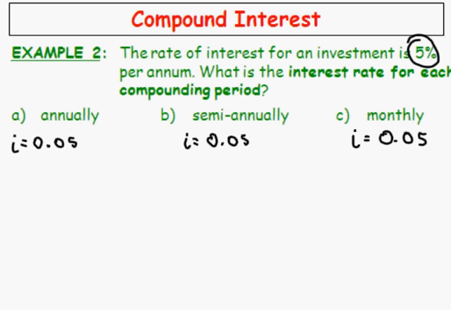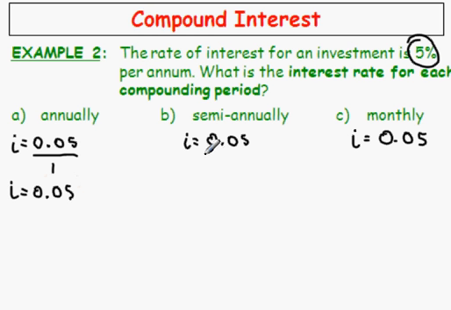And then you have to divide it by the number of compounding periods. If it's annually, you go back to the chart, that's once a year, so you divide it by 1. Our interest rate per compounding period is actually the same as our annual interest rate because it's compounded annually.